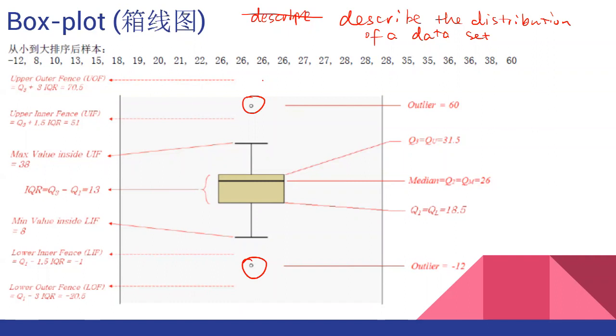That means there are few data here or here. These are called outliers. The majority part of the box plot lies in the middle, which is a box.